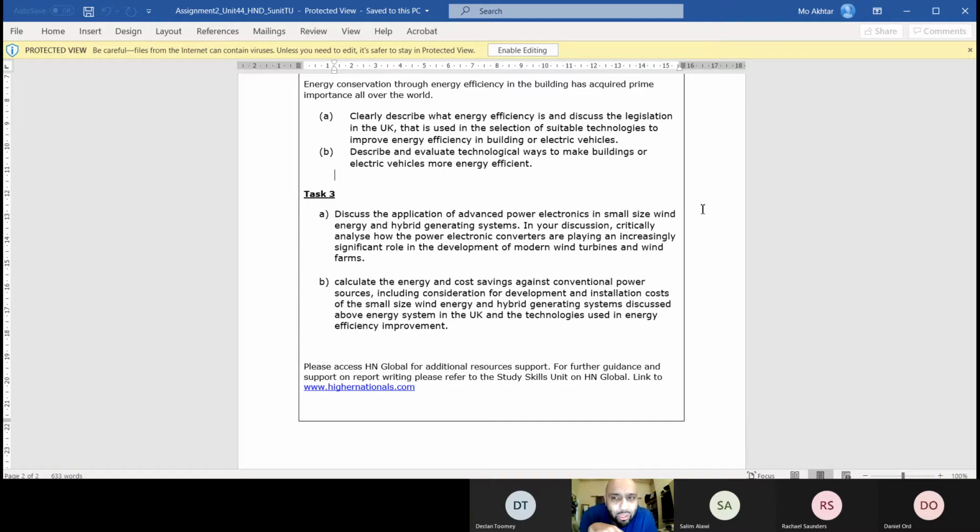What buck and boost circuits do: a buck circuit reduces power from one level to another, but it does so in such a way that it doesn't use any resistors, so it doesn't dissipate any heat. Because normally when you reduce power, the electrical power that's reduced from one level to another gets converted to heat energy. That heat energy is what gets wasted.